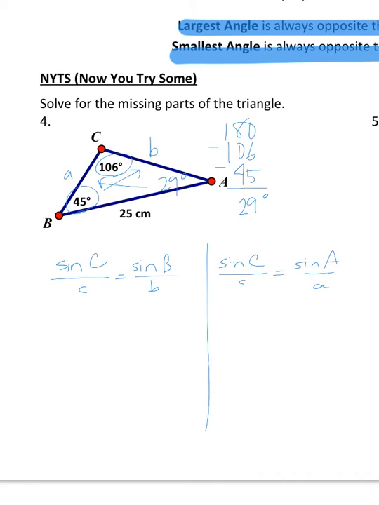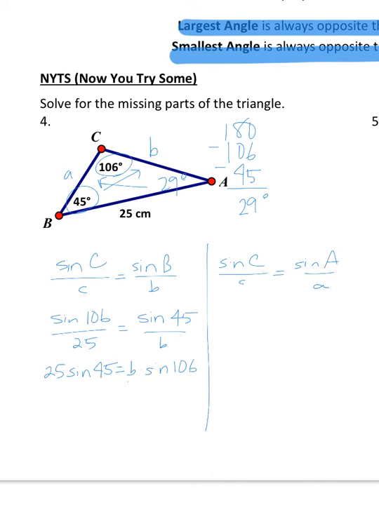And so from here, we substitute values. Sine of 106 over 25. 25 is going to be our largest side because it's opposite the largest angle. And then from there, sine of 45 over b. Cross multiply, we get 25 sine 45 equals b times sine 106.